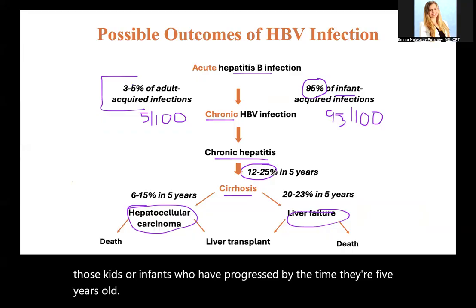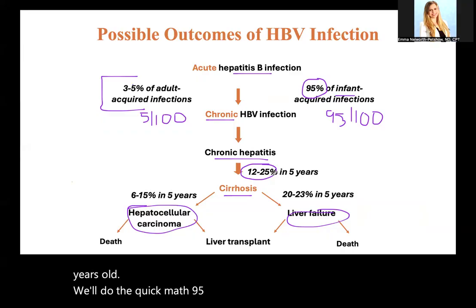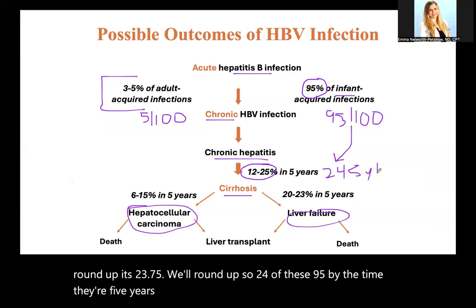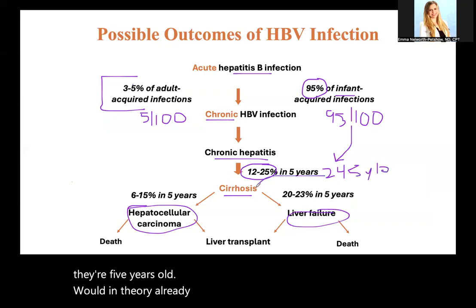we'll do the quick math, 95 times 0.25 gives us, we'll just round up, 23.75. So 24 of these 95, by the time they're 5 years old, would, in theory, already have liver cirrhosis.